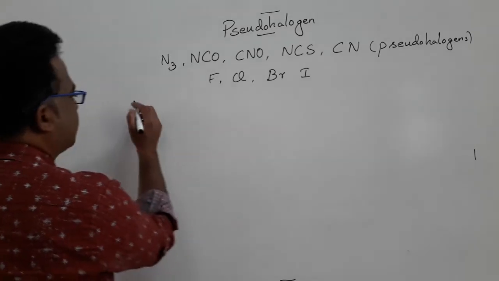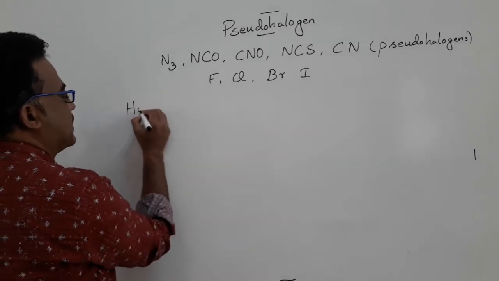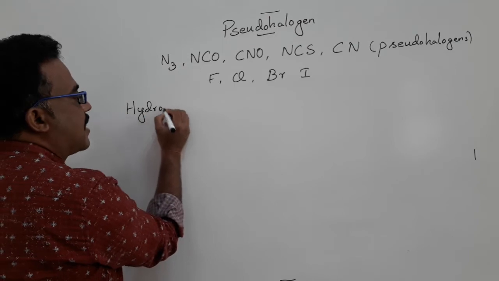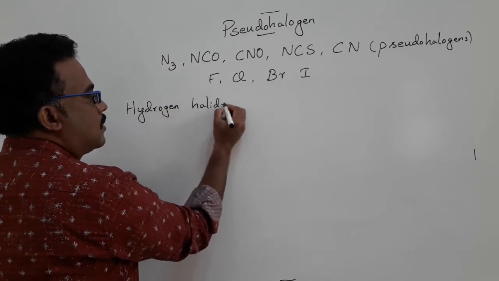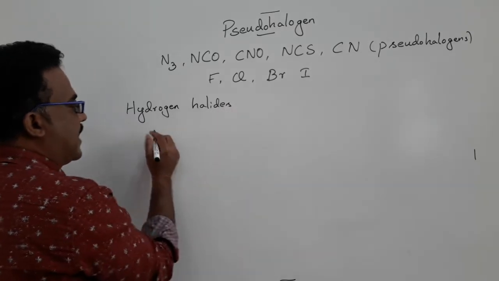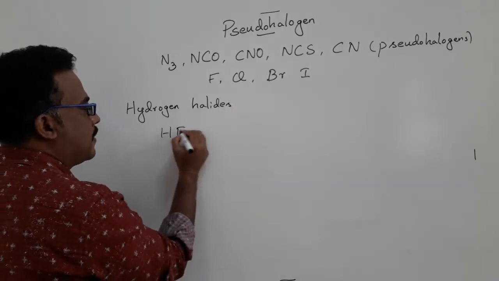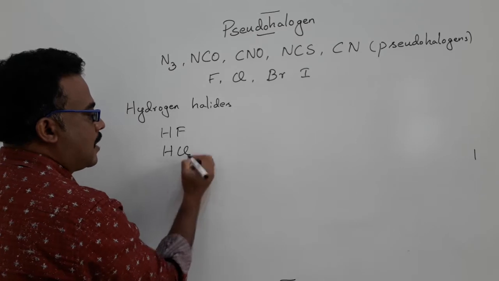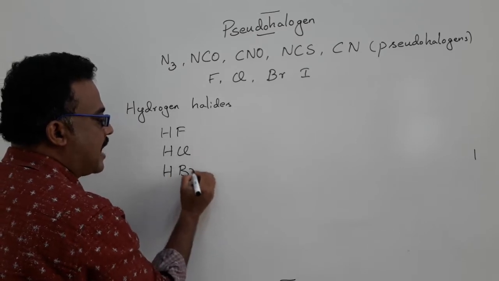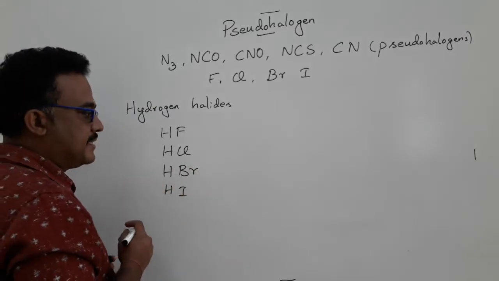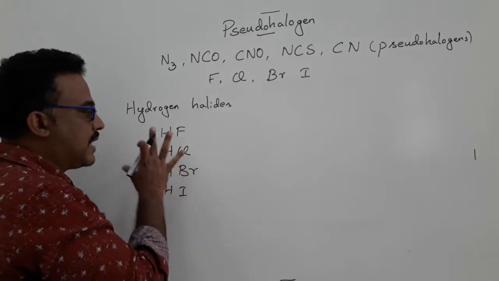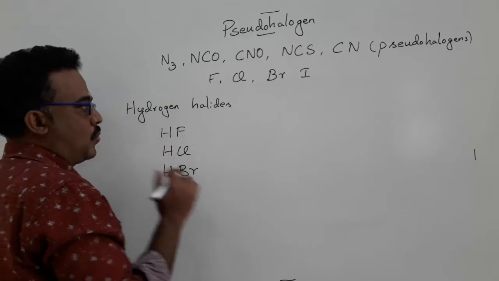First one, hydrogen halides. We know these since school days: HF, HCl, HBr and HI. Their existence is already known.